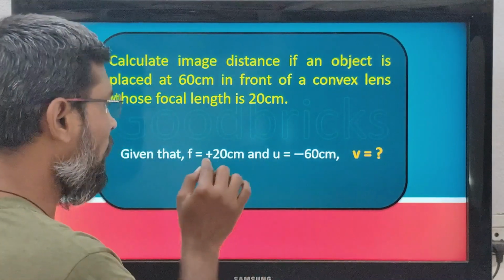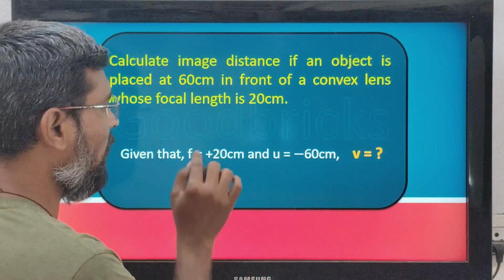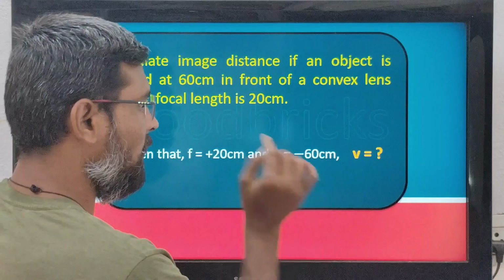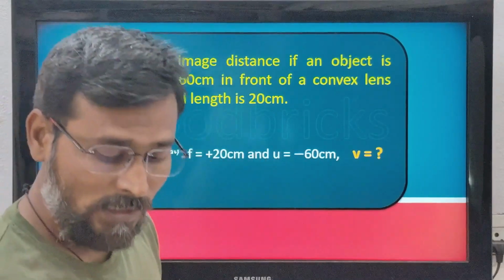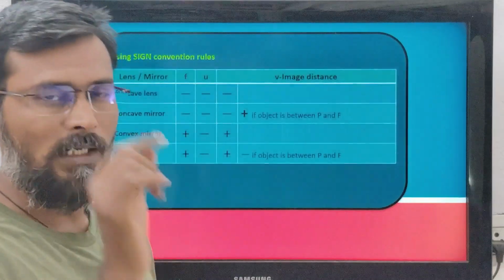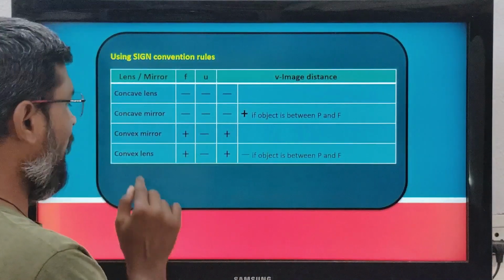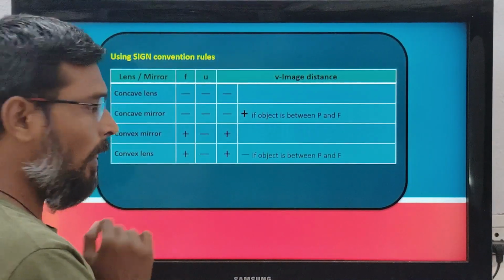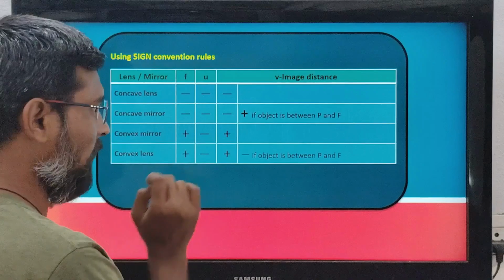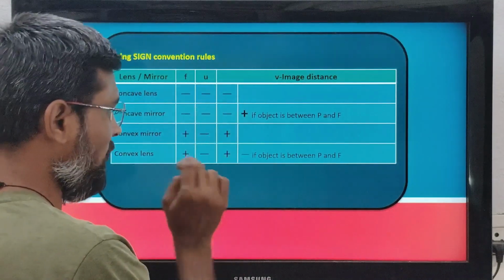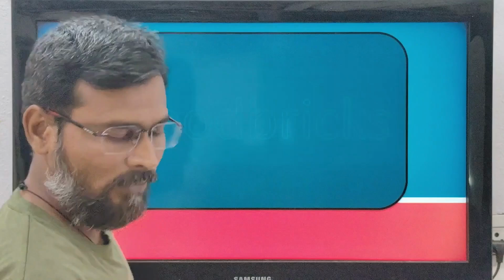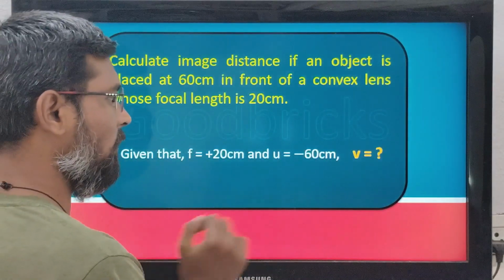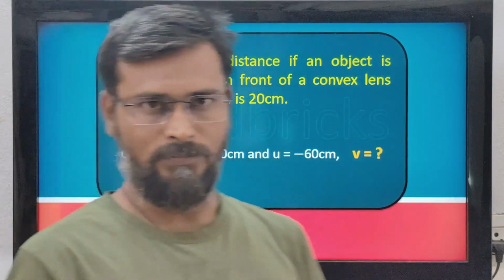This is the given information. And if you observe carefully, we have taken focal length positive, object distance negative. Why? Because just now we have discussed sign convention rules, and in the problem they said convex lens. For a convex lens, we have to take focal length positive, object distance negative.